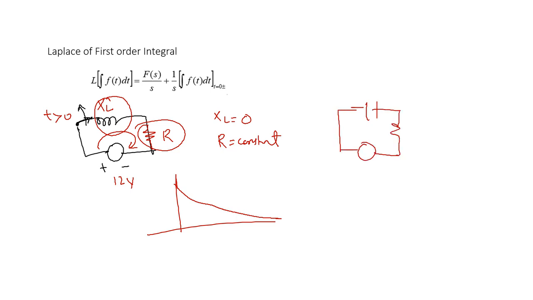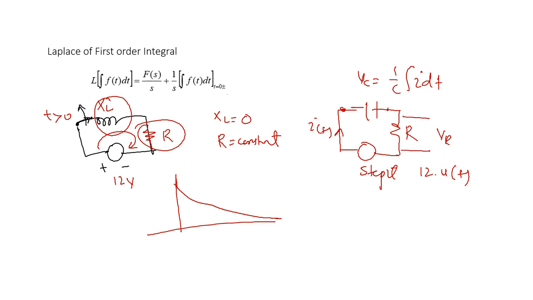In the same scenario, let's say we are giving it a step function, so we can write it as 12 u of t. So 12 volt and 12 u of t are the same. So here we can say that the voltage across this capacitor is 1 over C integral of I dt, and this thing is I of t, and this thing is R, and the voltage across this thing is VR.